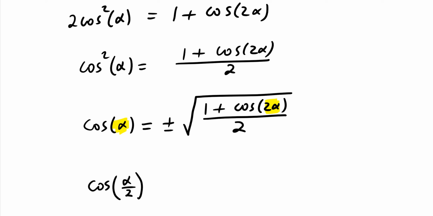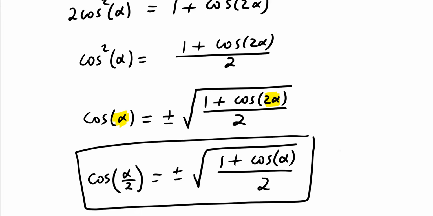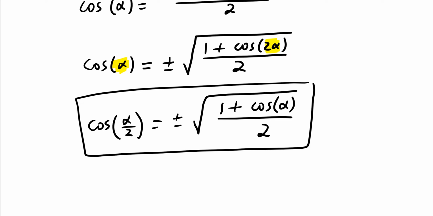So I'm going to divide the alpha by 2, and since I did it here, I'm going to divide the 2 alpha by 2. That makes it alpha. So this is the formula for cosine alpha over 2.